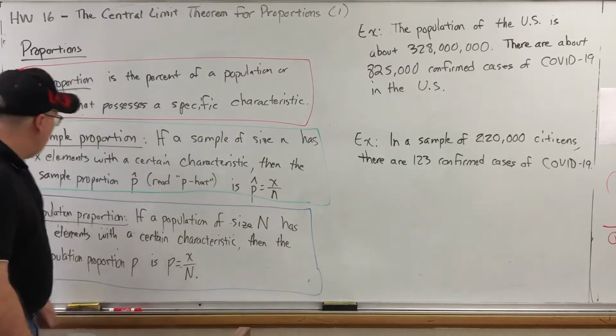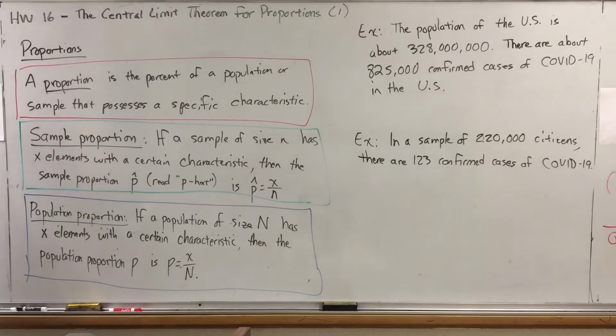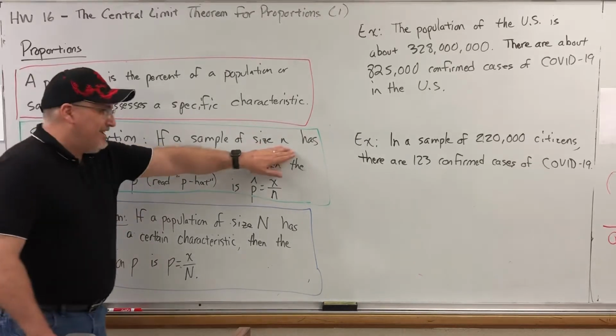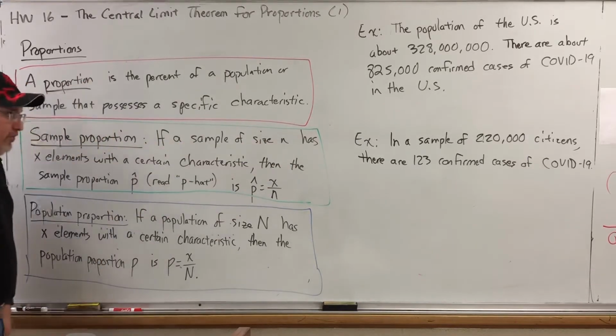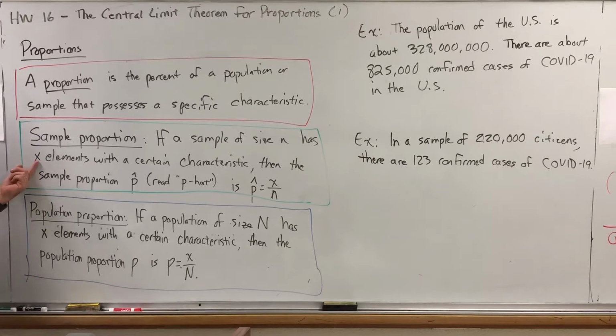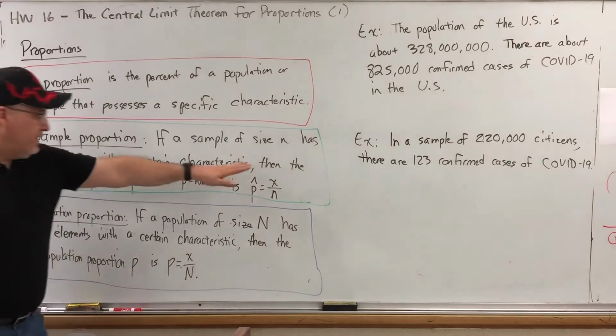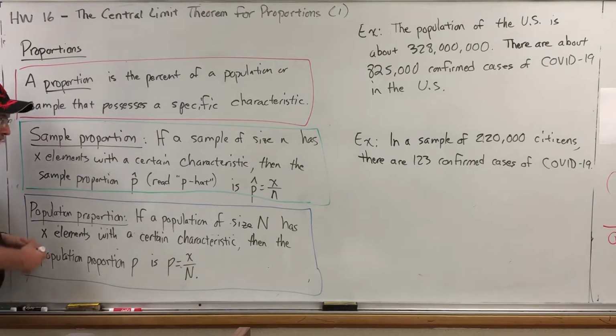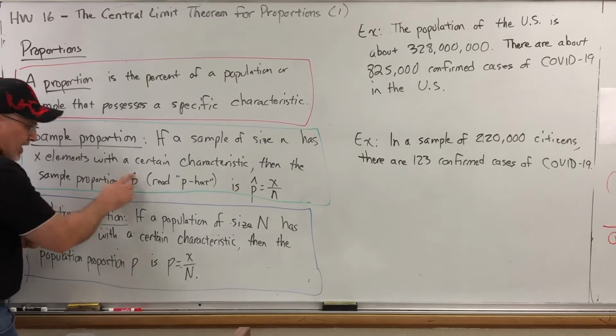A sample proportion, it's a formula, but I hesitate to even call it that. If a sample of size n, that's the variable for sample size, has x elements with a certain characteristic, 45 males, 30 people who have been to Antarctica, 19 redheads, whatever the characteristic is, then the variable for sample proportion is a p with a little hat over it.